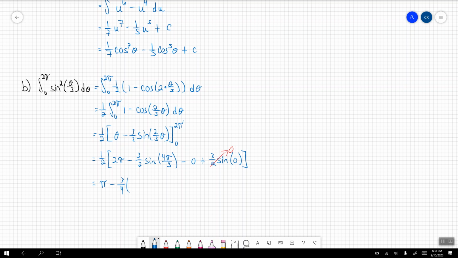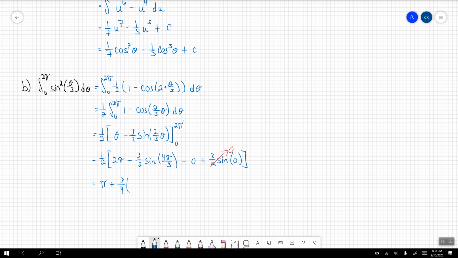So sine of 4 pi thirds is in the third quadrant, and sine is negative in the third quadrant. So negative times a negative will then be positive.